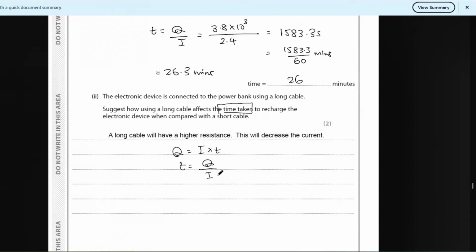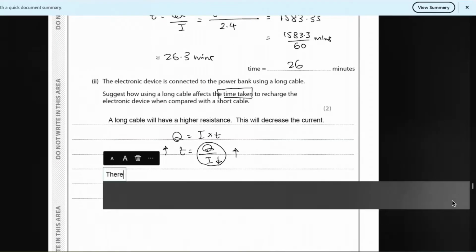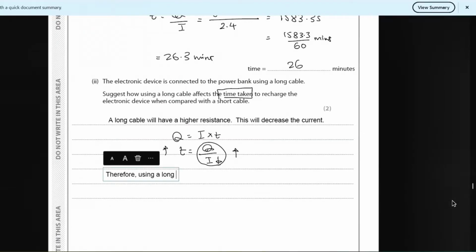So you can see if the denominator is decreased, the overall number will increase. That means the time will increase. So it'll take a longer time. Therefore, using a long cable will take a longer time to recharge the electronic device.